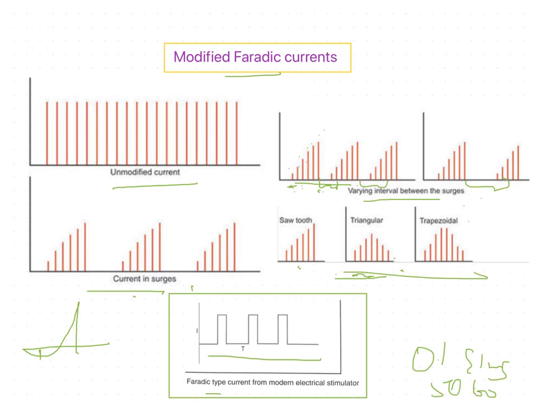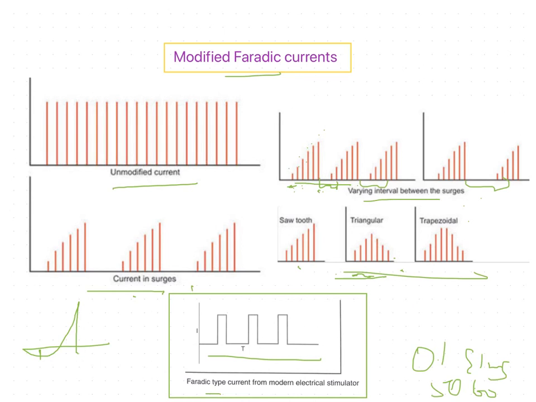So these are the modified Faradic currents which are used for the stimulation of the innervated muscle, so the nerve is also stimulated, and from there the impulse is carried to the muscle.